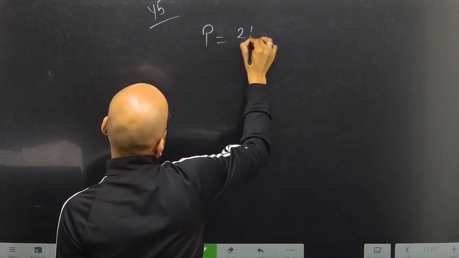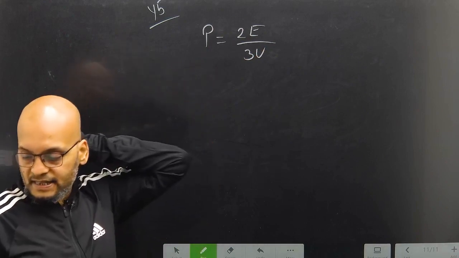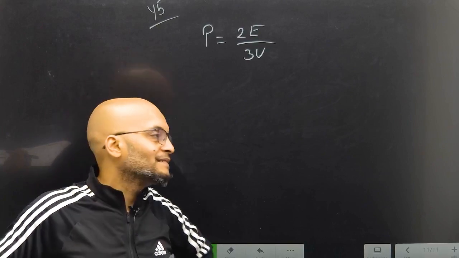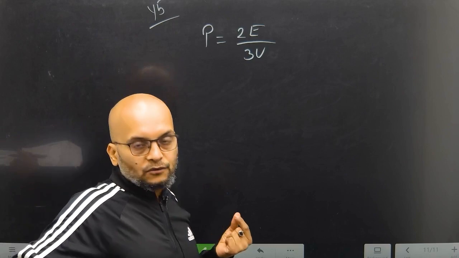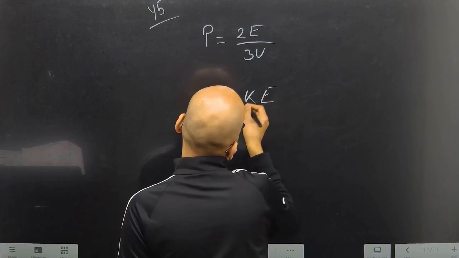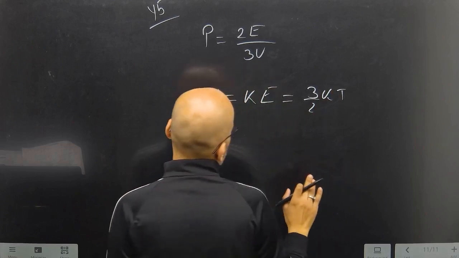45th, it is saying the pressure of an ideal gas is 2E by 3V. Okay. So pressure of an ideal gas is represented by 2E by 3V. V is obviously volume. So they are asking what is E referring to? So 2 by 3 PV. Pay attention guys. Work energy theorem. Work done is equal to change in kinetic energy, and kinetic energy is 3 by 2 kT anyway.